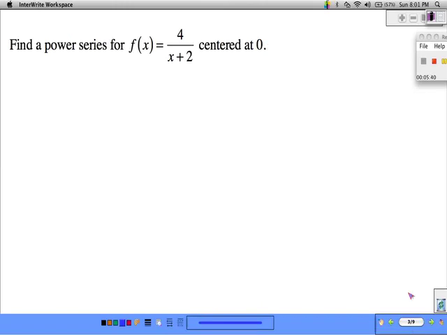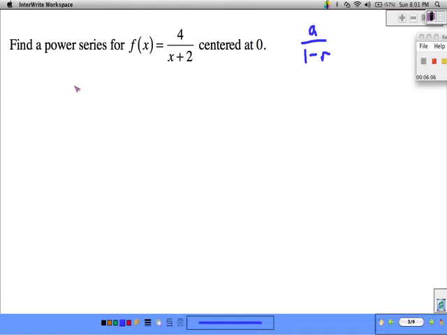We want to find a power series for the function 4 over x plus 2 centered at 0. We want to get this into that form, a over 1 minus r. So I need to start manipulating this. I need a 1 minus something on the bottom.